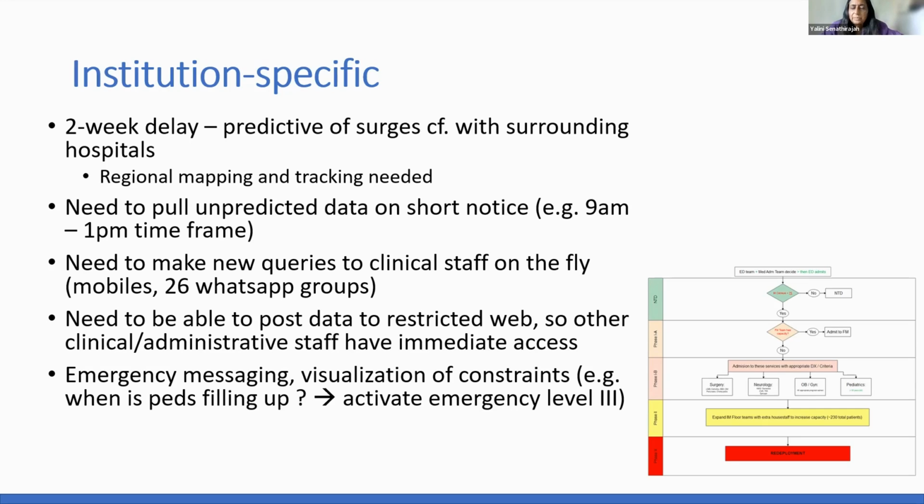And there was a need for emergency messaging. Being able to visualize the kinds of constraints, for example, when is this unit filling up? When will we need more beds? There's an emergency set up to shift patients as the number of COVID cases increases and so on. And all that requires messaging and visualization.